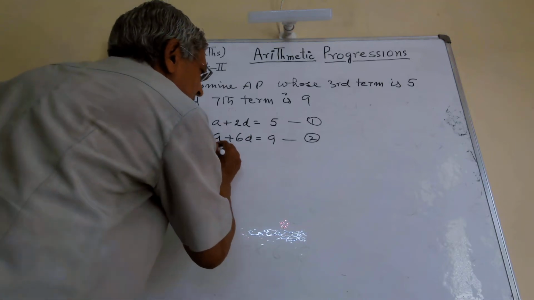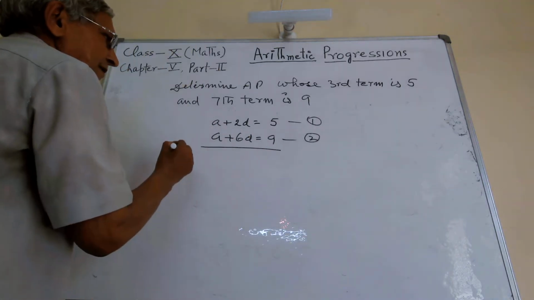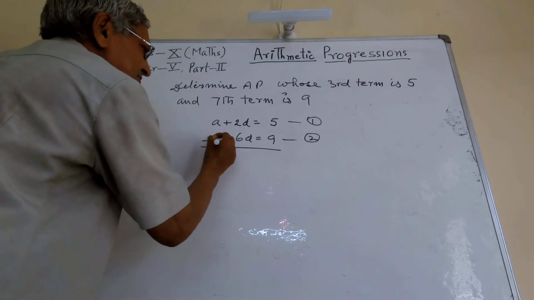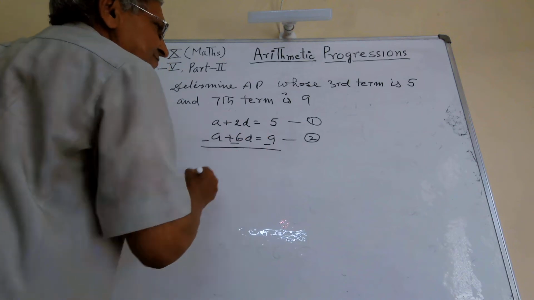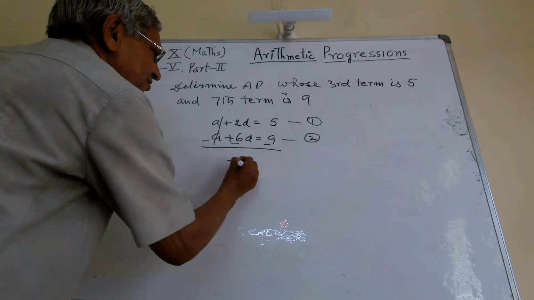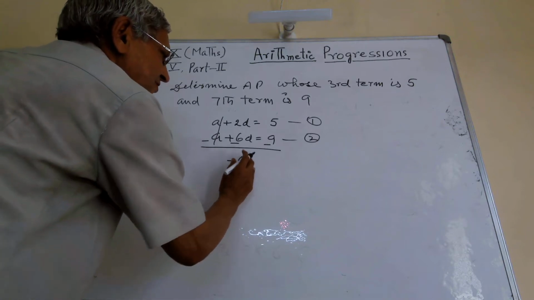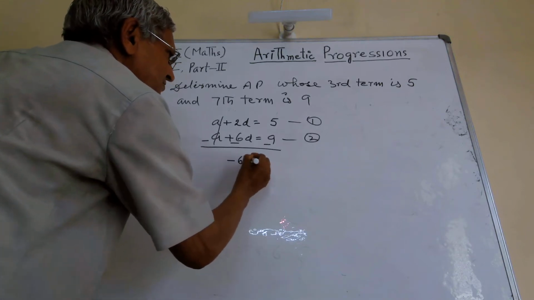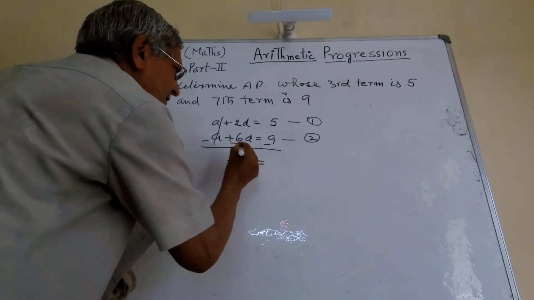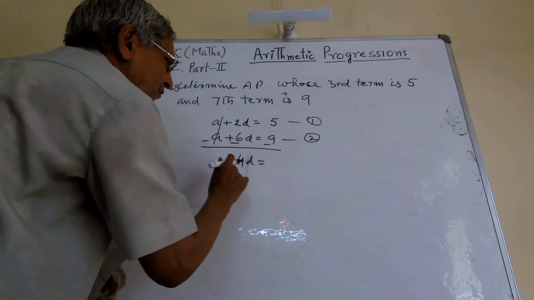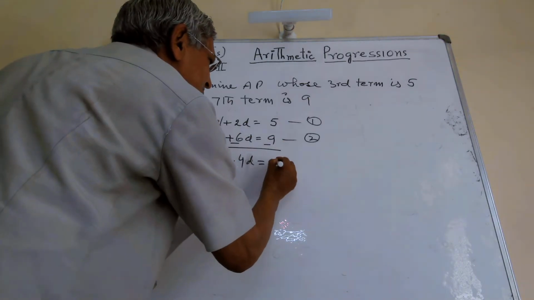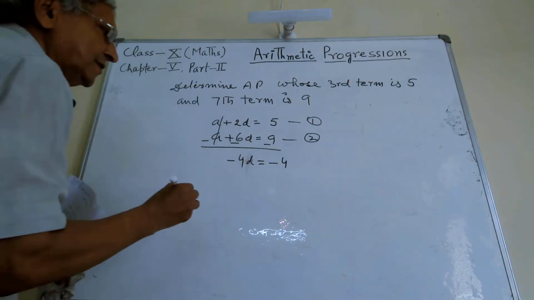Now subtract these two equations. Minus, minus and minus. a is cancelled. Minus 6d plus 4d is minus 2d, wait, minus 6d and plus 2d gives minus 4d. Minus 9 plus 5 is minus 4.